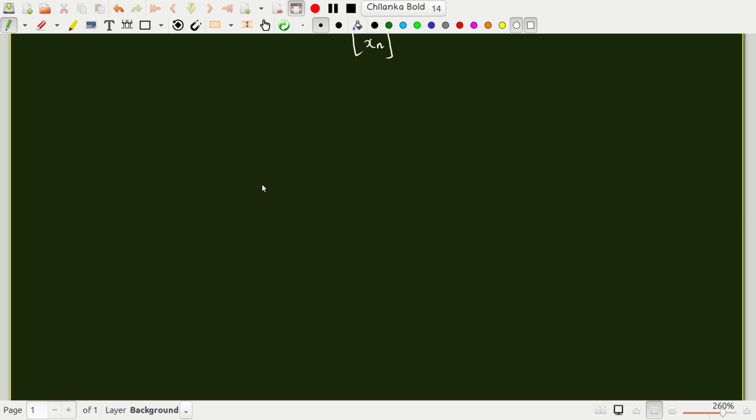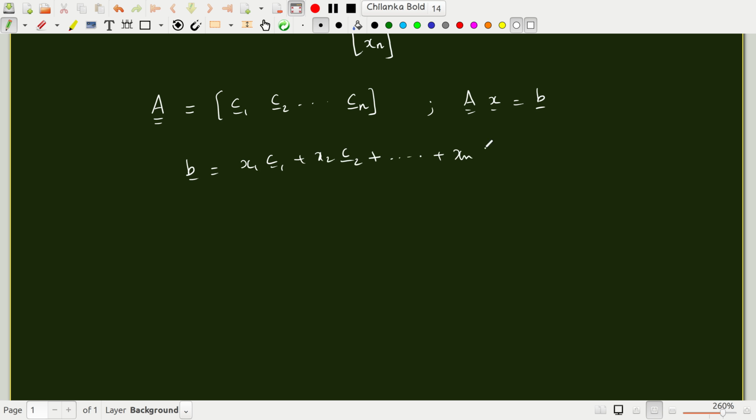To recap very briefly what we did in the last lecture, A can be represented as a collection of column vectors C1 to Cn, suggesting that the equation Ax equal to B can be written as B equal to x1 C1 plus x2 C2 plus so on up to xn Cn.